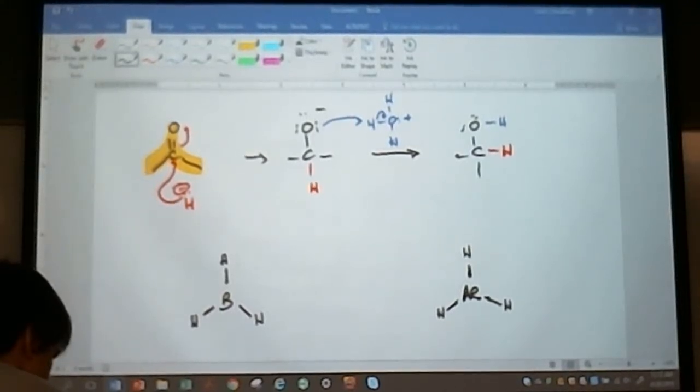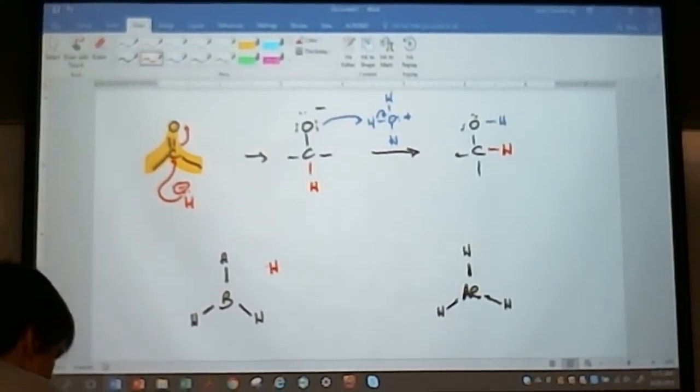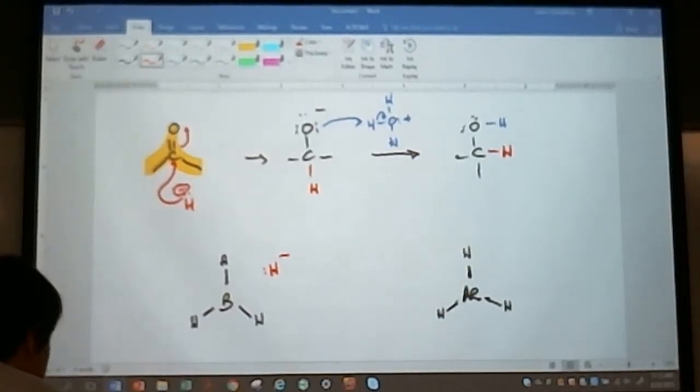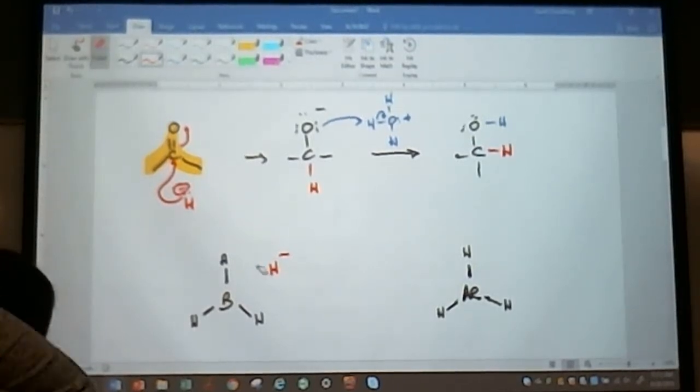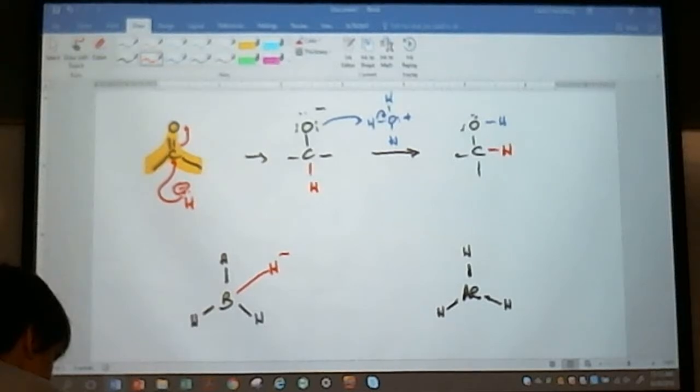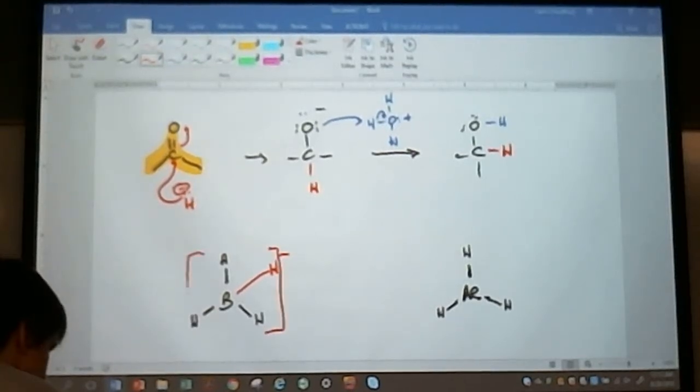Now, if I had a hydrogen ion, we can form a covalent bond by sharing 2 electrons. If I were to share these 2 electrons, then I would still have a negative charge.